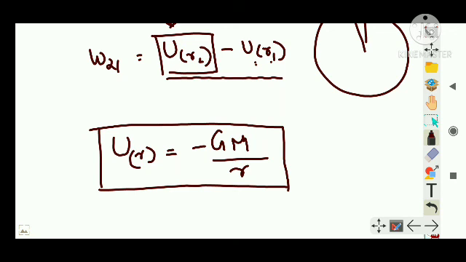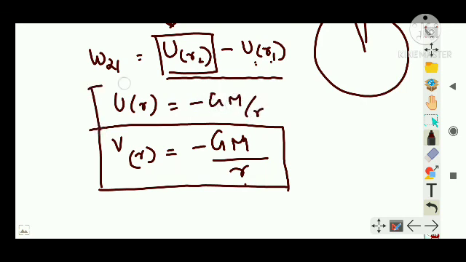So the equation becomes minus GM by r, and in place of U you are supposed to write V. So what is U of r? That is the potential energy, minus GMm by r. That is the work done in bringing a mass m from infinity to a point. And if you are bringing a 1 kilogram or unit mass from infinity to that point, then that becomes the potential at that point. This much is clear, right?